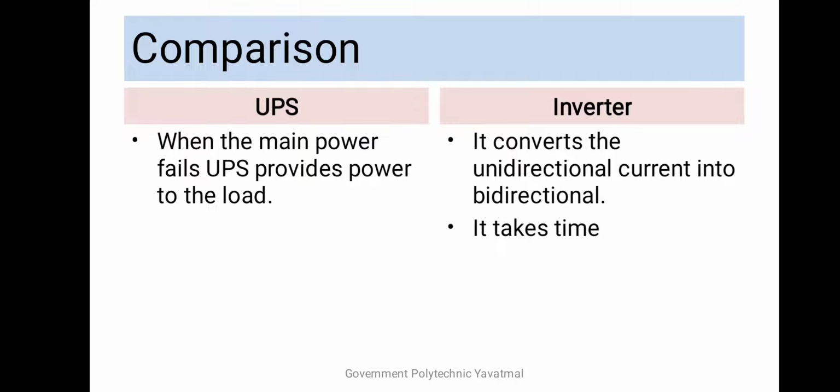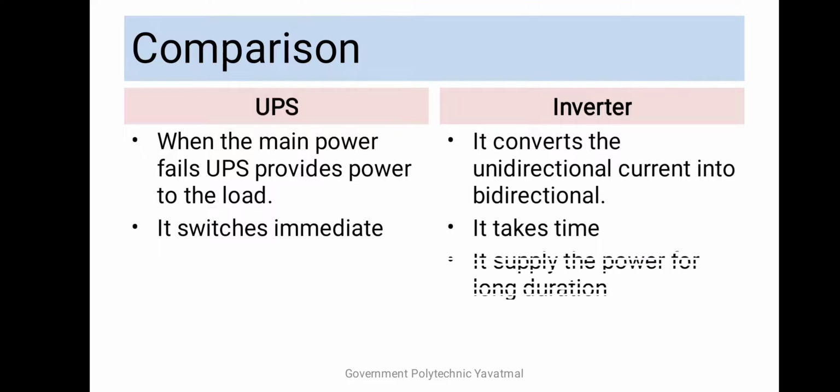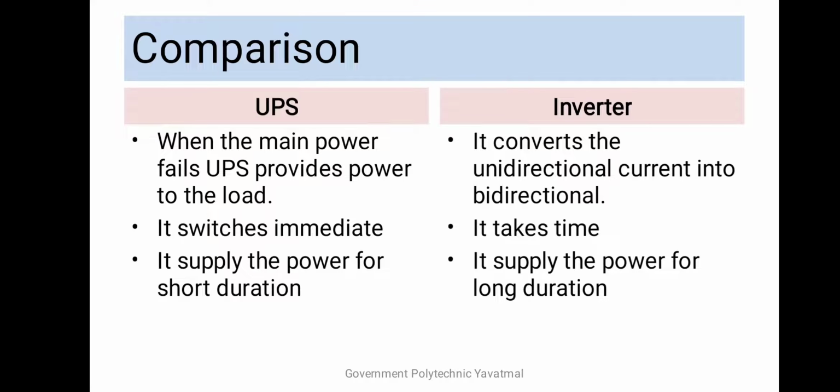Inverter takes time to switch, whereas UPS switches immediately. Inverter supplies power for a long duration, whereas UPS supplies power for a short duration.